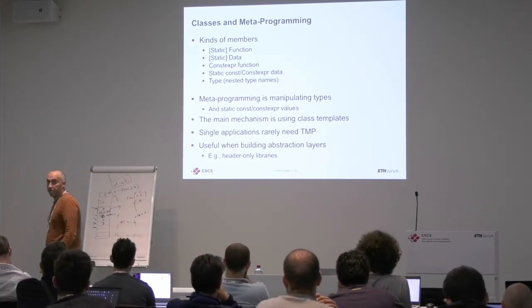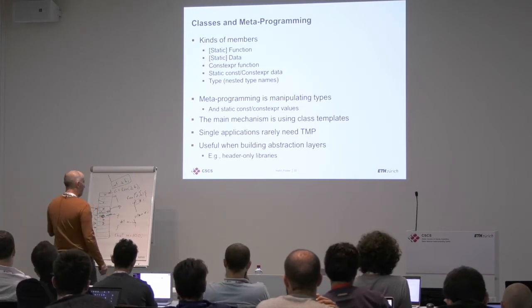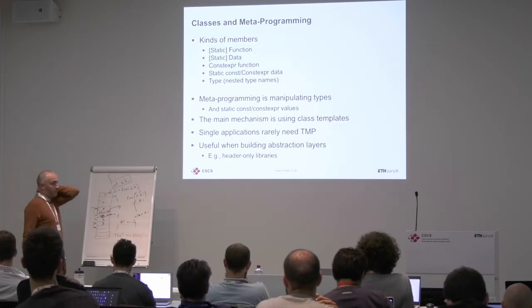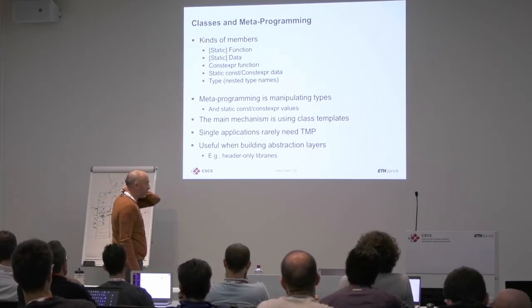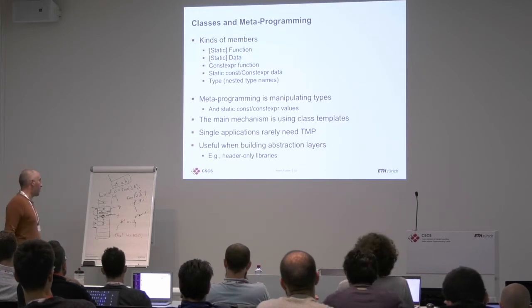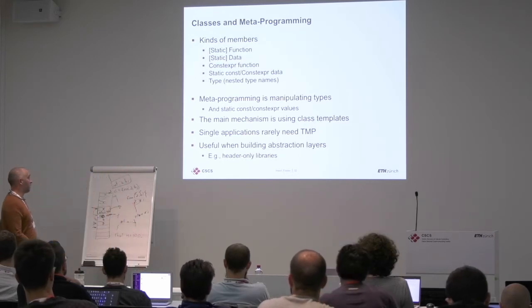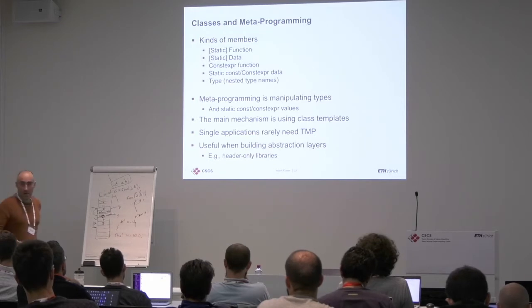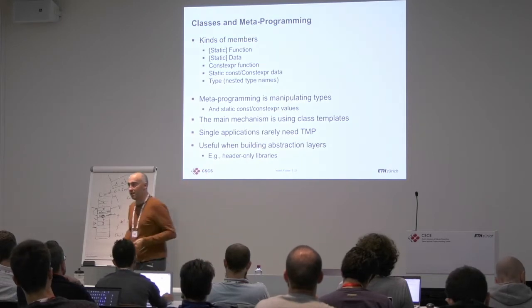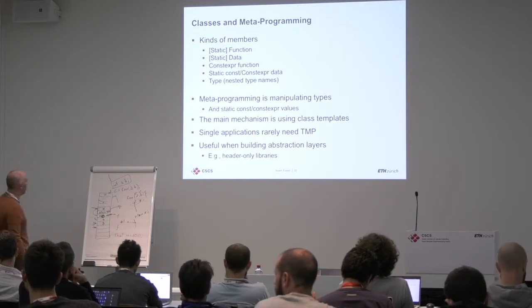Now there is the constexpr keyword and other mechanisms that help you do a better job. But let's say before C++14, I would say it was quite tough to get a good constexpr thing. There were too many limitations, I think, for the constexpr keyword. But basically what you do in metaprogramming is manipulating types at compile time. So you instantiate templates and you process these templates using the template rules.